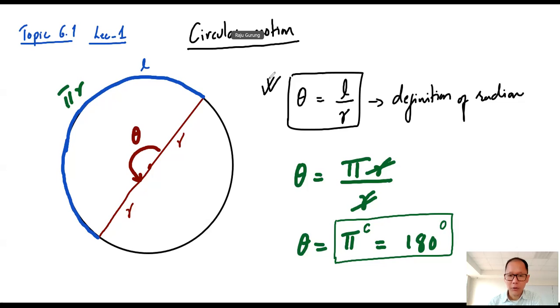And by using the definition, we also found a rule that connects the radian with the degrees by taking an example of the semicircle. So now we have the rules. Let's look at what other angles we can relate.